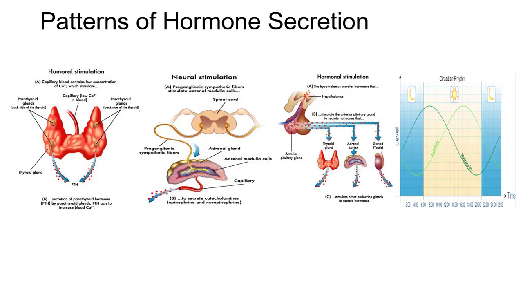The third type, we discussed hormonal stimulation, that is a hormone will stimulate another gland to release a hormone. And the fourth type is the circadian rhythm, that is the fluctuation of hormone according to the 24 hours daily cycle.